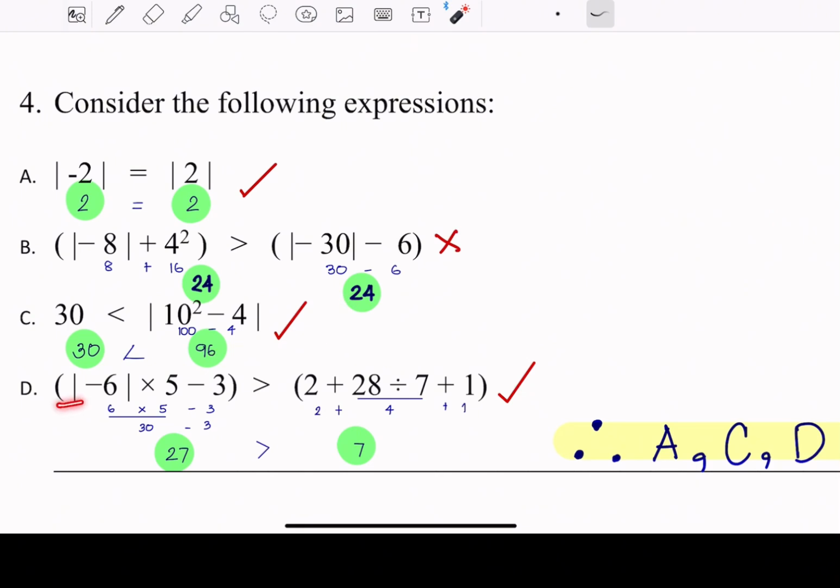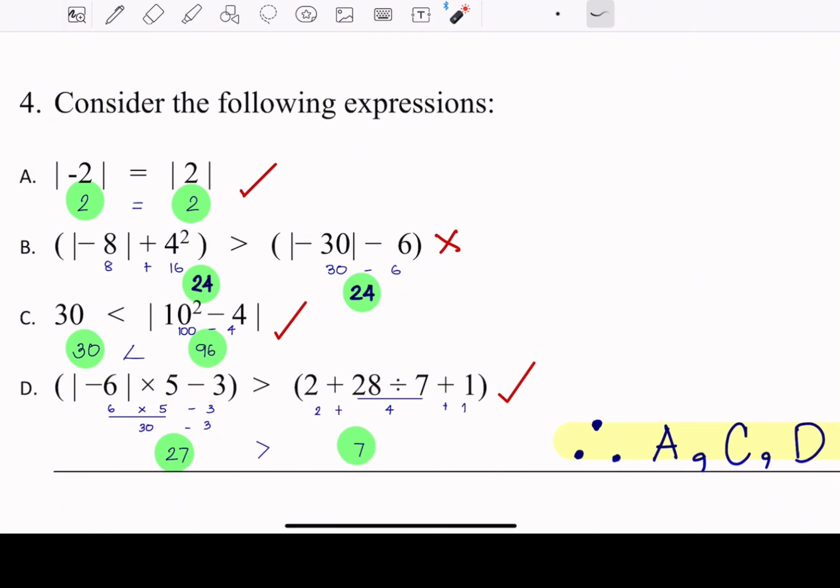D. The quantity of absolute value of negative 6 times 5 minus 3 is greater than quantity of 2 plus 28 divided by 7 plus 1. So first, absolute value of negative 6 is just 6. Then multiply by 5 to get 30. 30 minus 3 is 27.